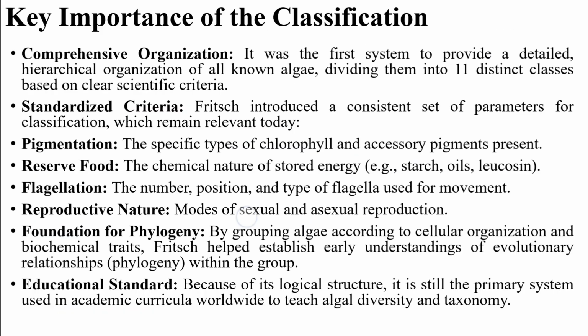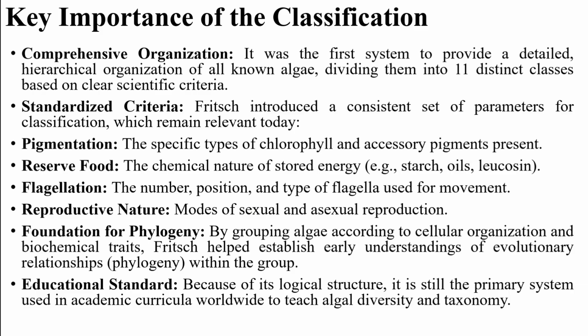Okay. Next, what is the key importance of this classification? He proposed a comprehensive organization. It was the first system to provide a detailed hierarchical organization of all known algae, dividing them into 11 distinct classes based on clear scientific criteria.